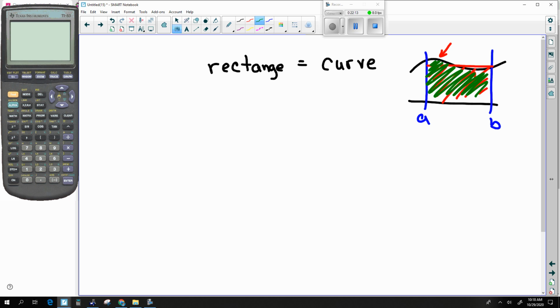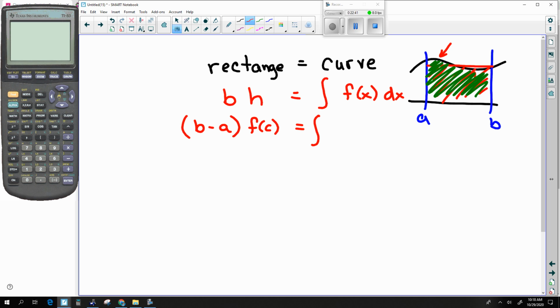So you set this up with the rectangle being, in essence, base times height, and then the curve is the integral of your function. So your base is b minus a, and your height is this f of c. Again, we'll explain this a little bit more in a further lesson. And the curve is integrated from a to b of this.